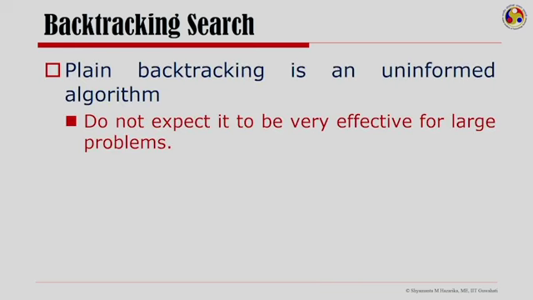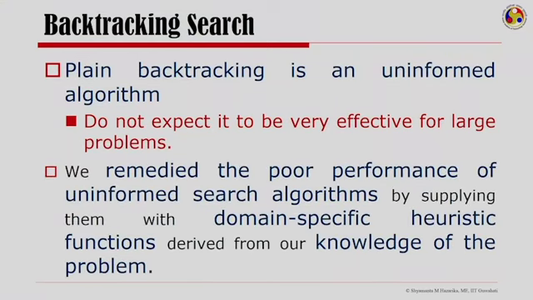So, plain backtracking, as you have realized, is an uninformed algorithm. We do not expect it to be very effective for large problems. We remedied the poor performance of uninformed search algorithms in our previous discussion of state space search by supplying them with domain specific heuristic functions derived from our knowledge of the problem.